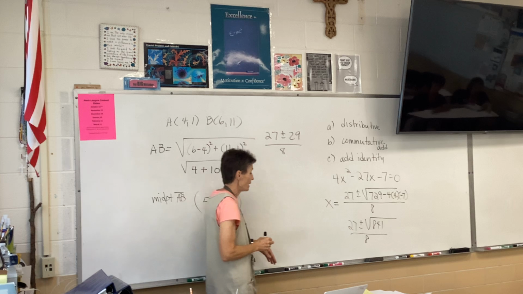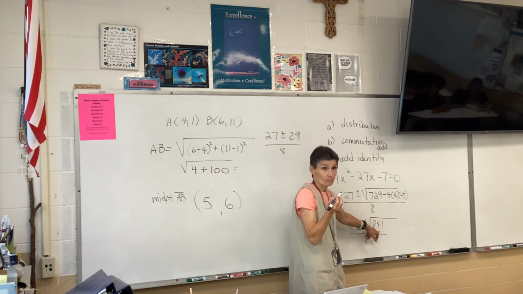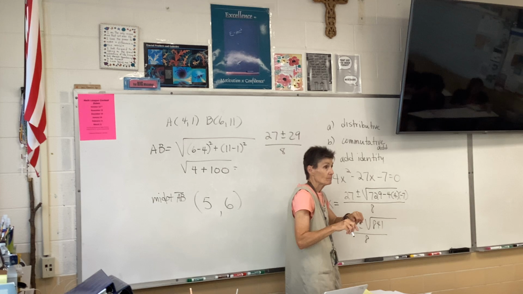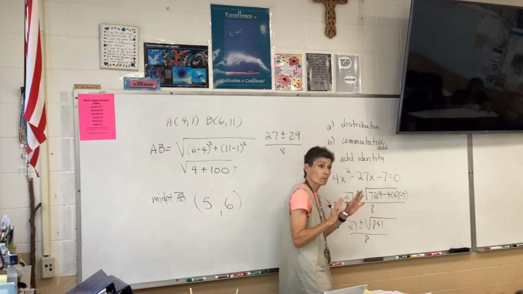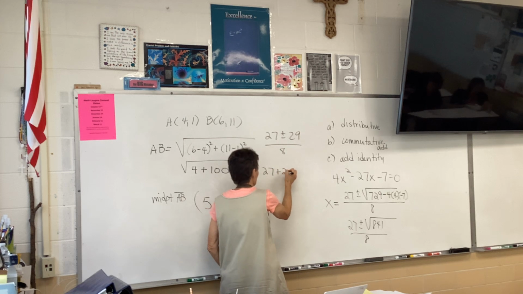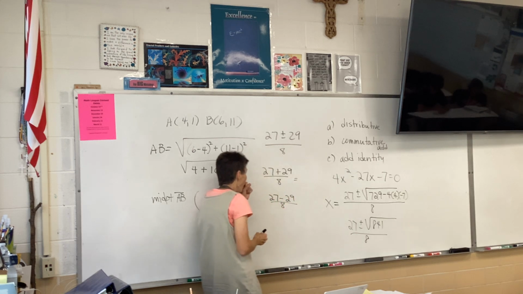Now I went ahead and checked this on my calculator, and luckily it worked out to be 29. If it didn't, I would have to start trying to break it down, right? But this thing worked out perfectly. So now my two answers are 27 plus 29 over 8 and 27 minus 29 over 8.